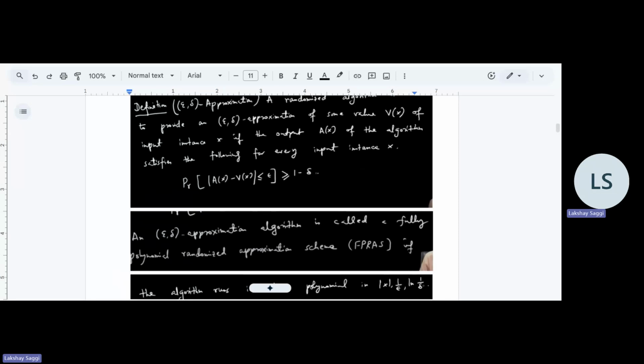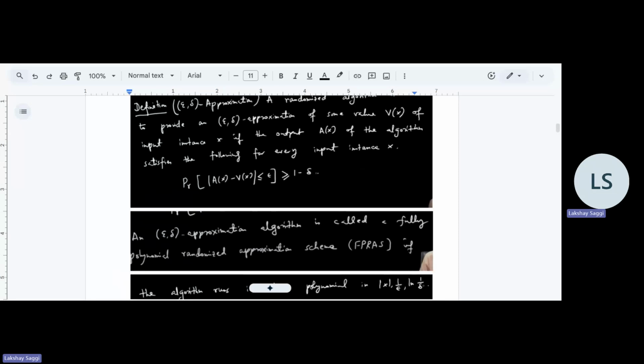So one might think we can approximate it. But with a randomized algorithm, it might be that in expectation we are approximating well, but sometimes the output A of x is very large and sometimes very small, so it's not reliable. In expectation it's good, but actually it might be a bad approximation.